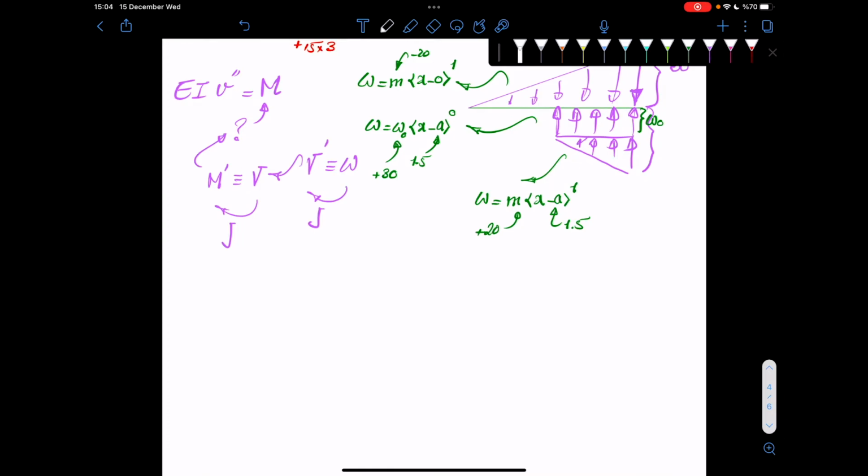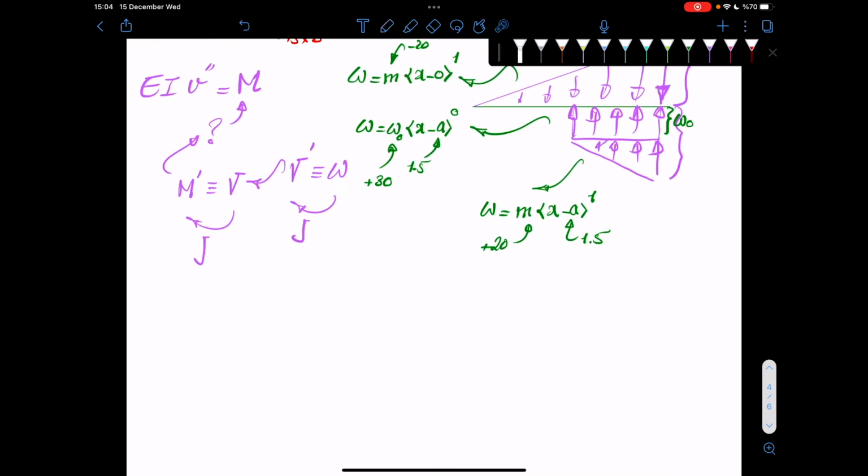Then you just say, okay, my W is the sum of these three parts. And because you are using this discontinuity function, you can nicely just add them up without being too worried. So the first one is minus 20 times x minus 0 to the power 1. Okay, so that's that.